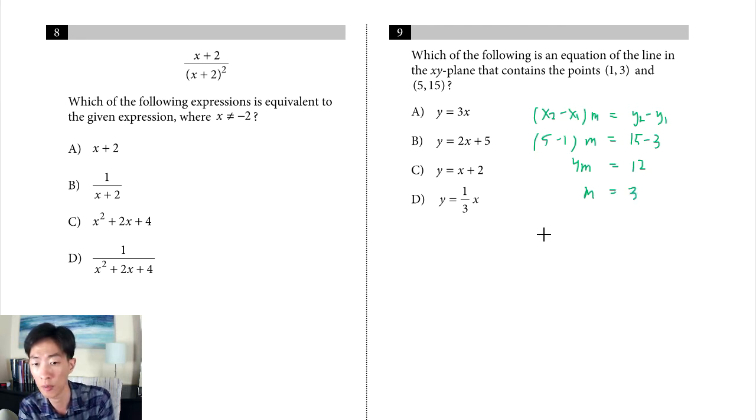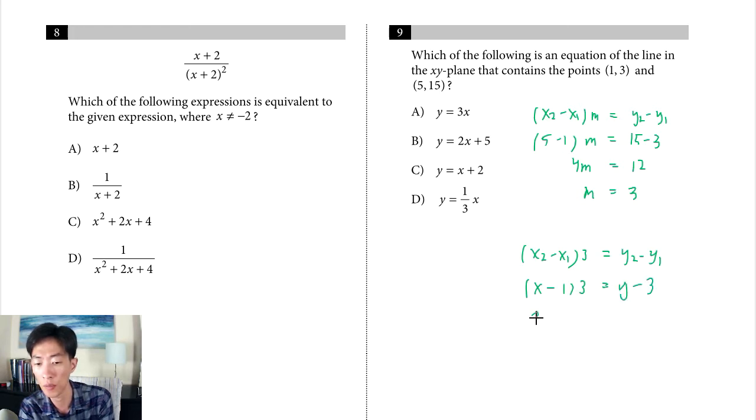I'm going to use the same formula, x2 minus x1 times 3 equals y2 minus y1. And this time I'm going to take 1, 3 and plug it in for y1 and x1. So we have x minus 1 times the slope is 3 and y minus 3.